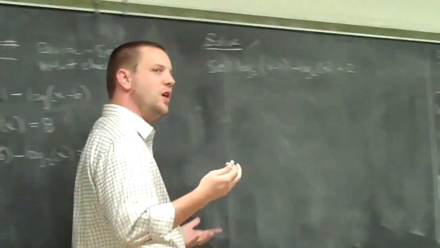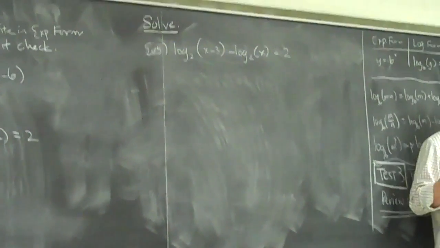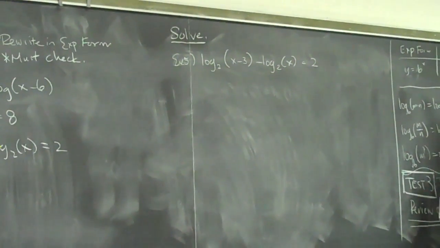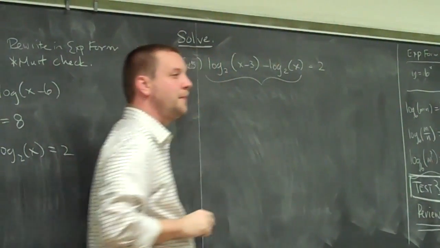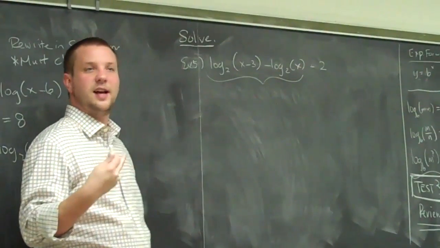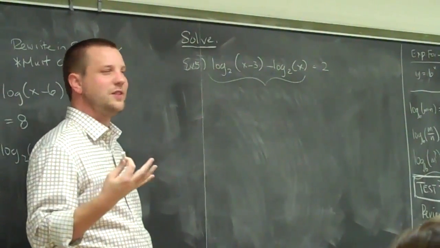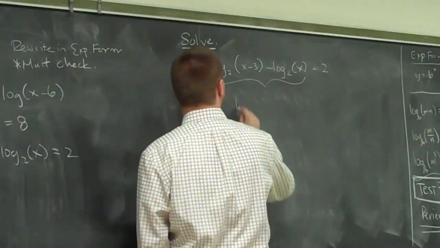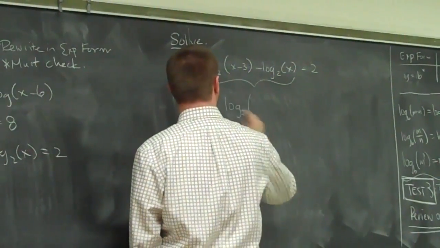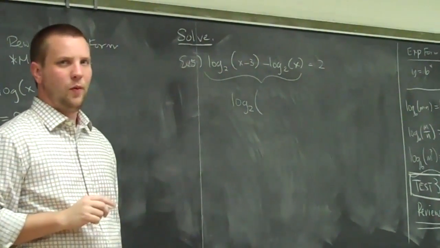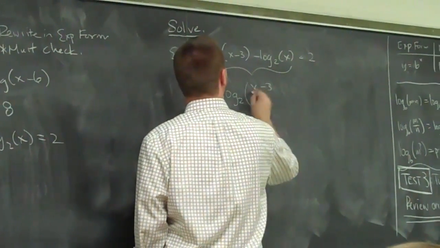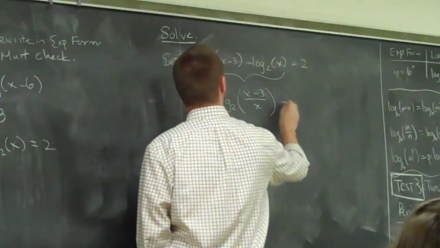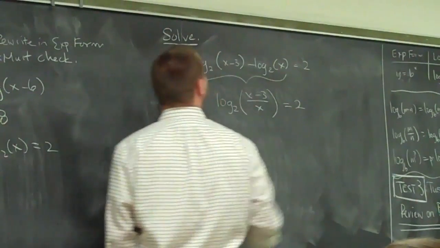We've got a couple of logs, but we can use a very similar trick. We can condense those 2 logs as a single log, right? But this time when I condense them, how do I do it? I'm going to have to divide their insides, their arguments. So this is the single log base 2 of what on top? X minus 3 over x on bottom, and this equals 2.